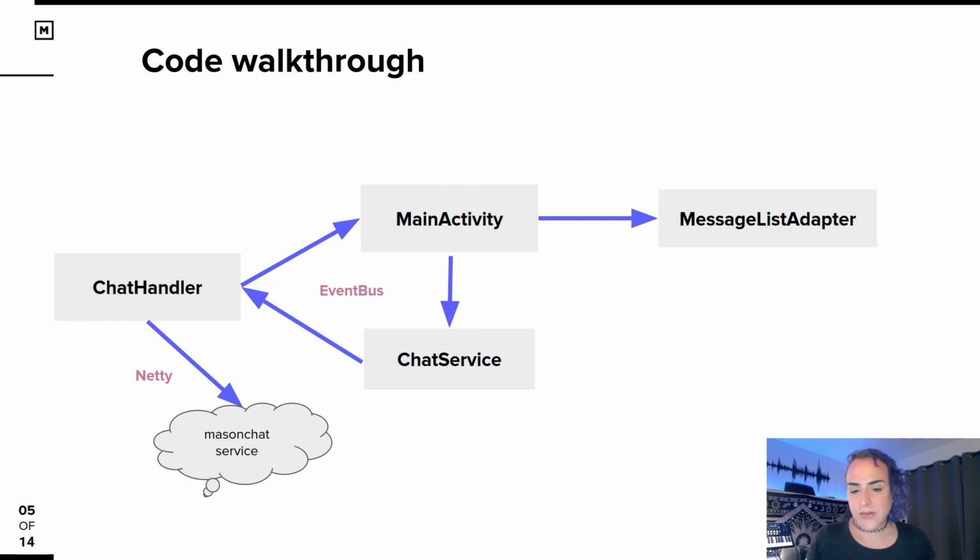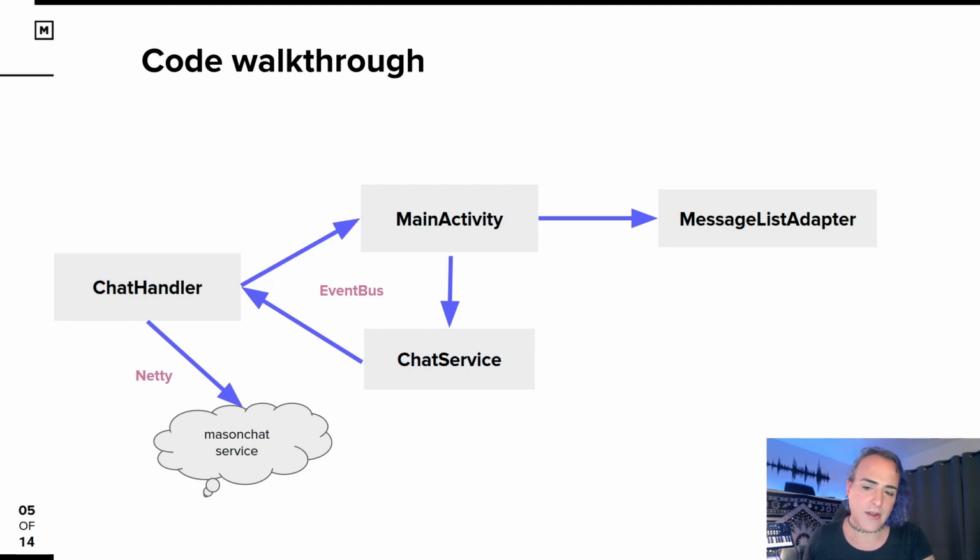What we need to do on Android, though, is we need to run it inside of an Android service, but we also need the Netty event loop to run inside of a thread. So inside the service, we're going to spin up the event loop on a thread and run it on an executor in the background, and we're going to manage its lifecycle.